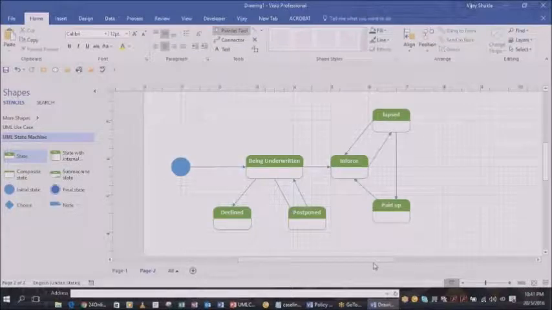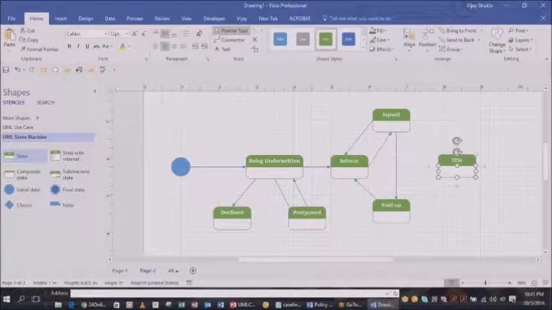Then it is written, if an event happens or if the time period is over, then the paid up policy or a lapsed policy or an enforced policy can be terminated or moves to the terminated state. So a lapsed policy can become terminated if the time period is over.